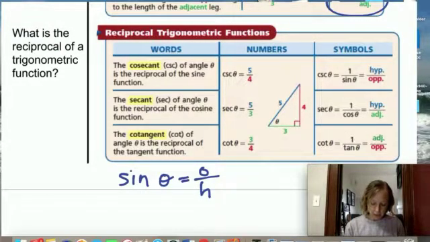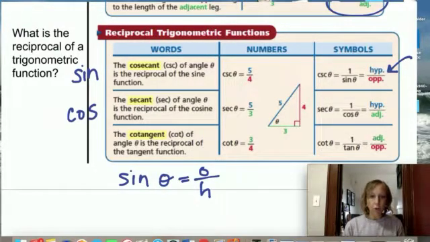Notice right here, the cosecant is just the reciprocal of that. It's the hypotenuse over the opposite. So once you find sine, cosine, tangent, it's real easy. Just flip those fractions, and you'll have the reciprocals. Cosecant is the reciprocal of sine, secant is the reciprocal of cosine, and cotangent is the reciprocal of tangent.